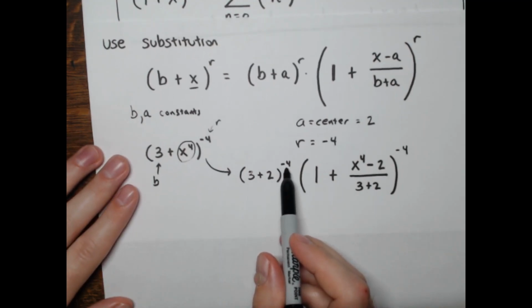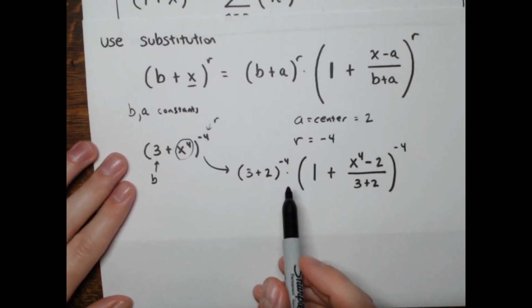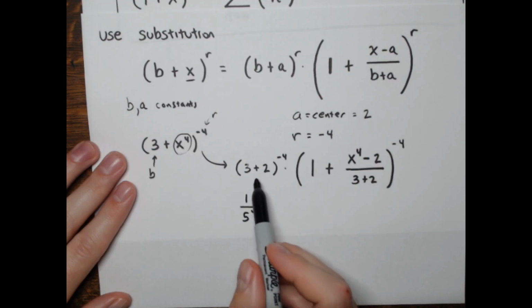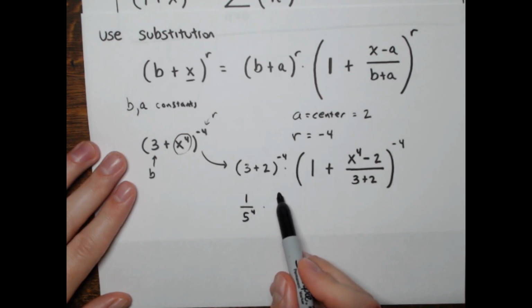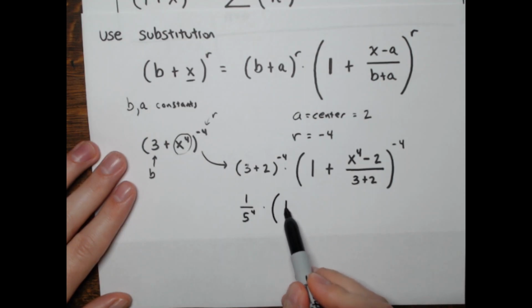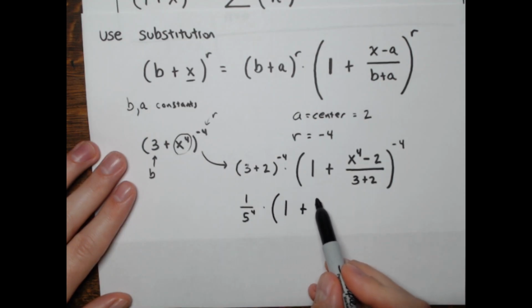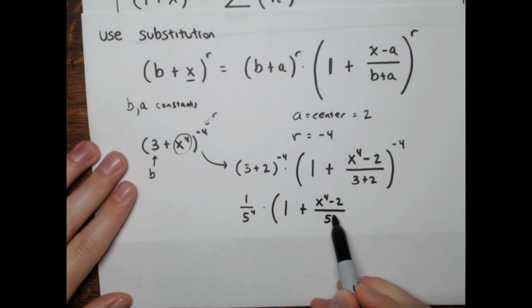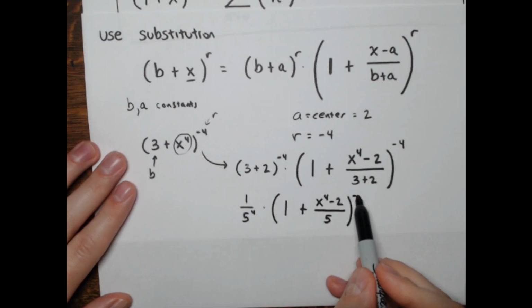So this is 5 to the negative fourth, 1 over 5 to the fourth. And then this is times 1 plus x to the fourth minus 2 over 5, to the negative 4 power.